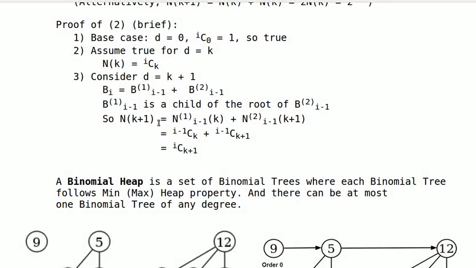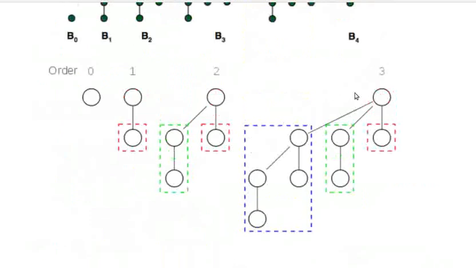And then now we consider the depth d equals k plus 1, one level deeper. Now, we discussed before that Bi can be decomposed into two B(i-1) trees. So this is equal to this one plus this one, and one is the child of the other. Like this, so this is B3. So you have this B2 and this B2, and together they become B3.